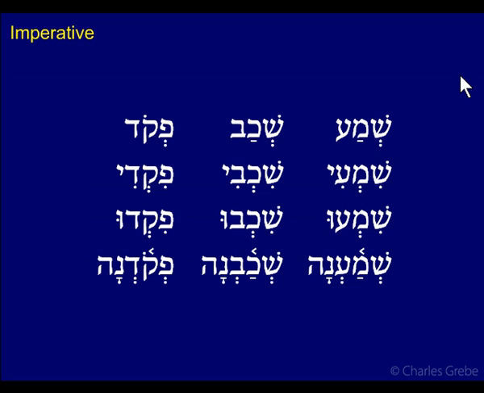Completely regular. So here we have shakhav, which means to lie down, which is a stative. And here's shema, which means to hear, and that is a guttural, third guttural. You see the ayin in there. And so you can see here, let me get my little pen out. So here and here we have our patachs, right?